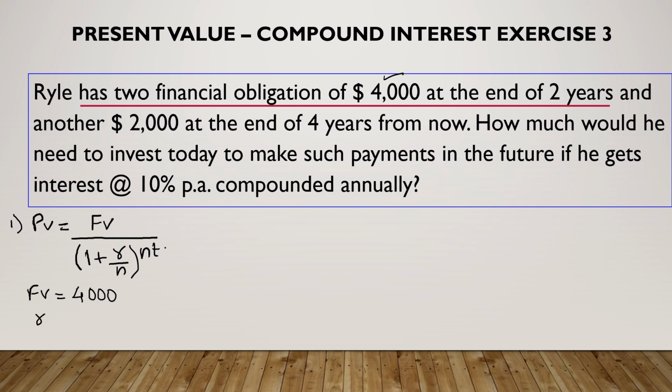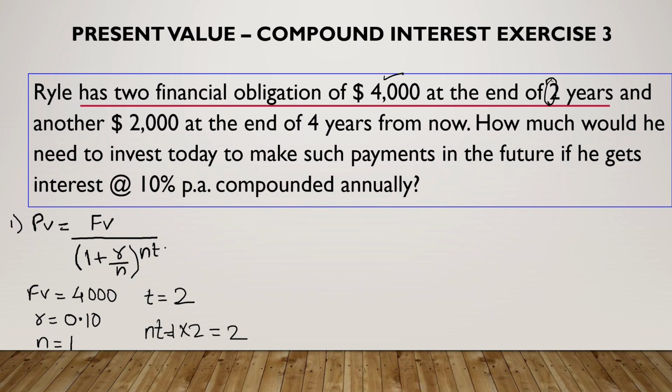What is my r? Rate of interest is 10%. So it will come to 0.1 or 0.10. Then what is my n? It is compounded annually. Annually means once in a year. So n will be 1. Then again, what is the time? The first option, remember, time is 2 years. Here it is 2. So my t is 2. So what will be my nt? 1 multiplied by 2. That is 2.